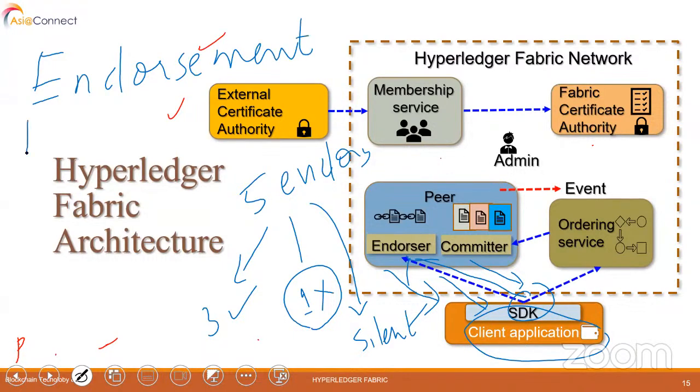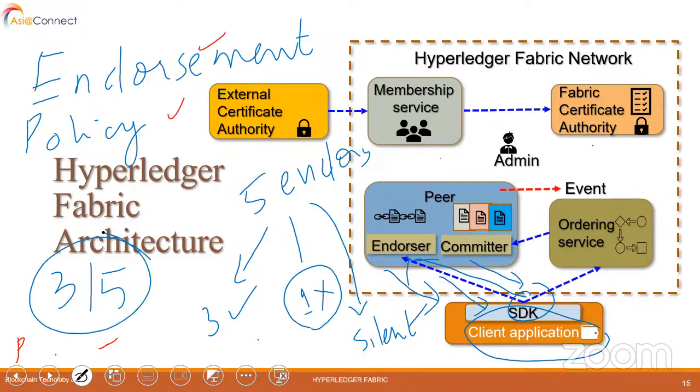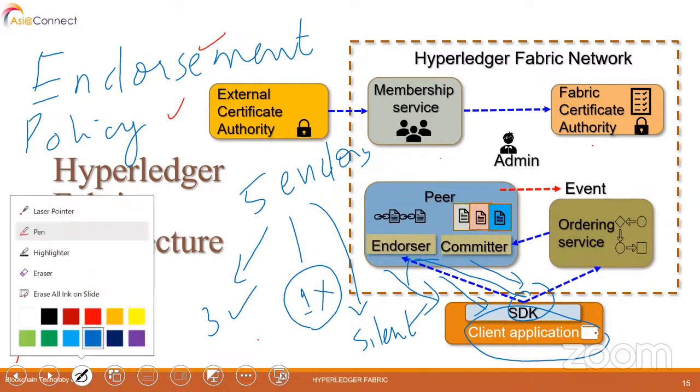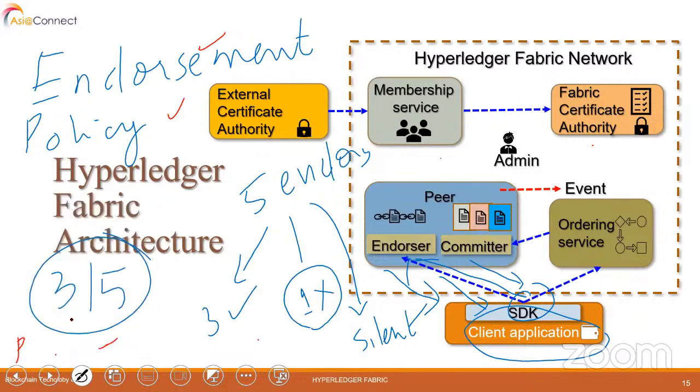So the client application will check. And if the endorsement policy says that any 3 out of 5 are sufficient to endorse a transaction proposal, then it will be sending the transaction proposal to the ordering services.